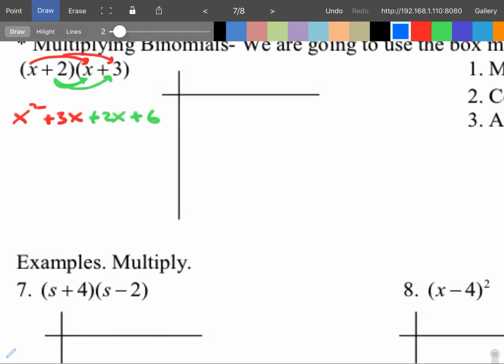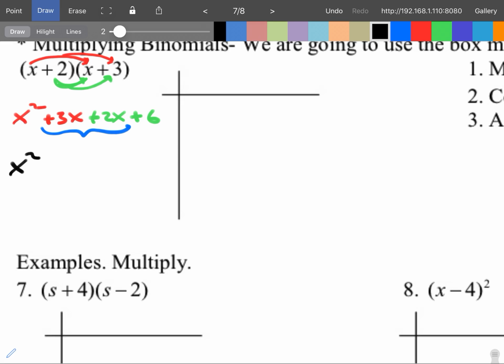And then what you want to notice is that you can add these 2 terms in the middle right here. Those are like terms. That's what you were doing in Friday's lesson. So for your final answer, you bring down the x squared. And then what's 3x plus 2x? Good, yeah. When you add, you don't change the powers, okay?